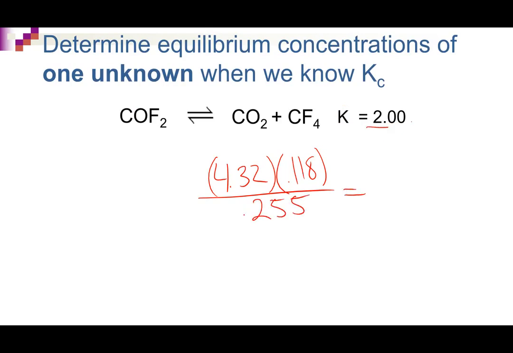That should equal something very close to 2. So I take 4.32 times 0.118 divided by 0.255, and my calculator spits out 1.999. So I checked my answer, and it is in fact correct.